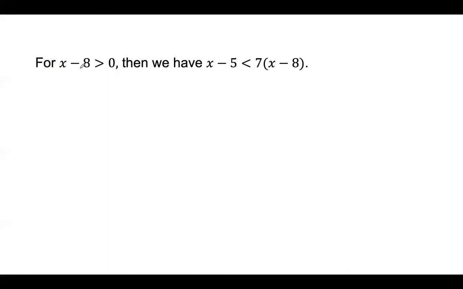So for case number 1, we have when x minus 8 is greater than 0, so that's x is greater than 8. And then we can solve this. The inequality sign does not change, so that's great. So x minus 5 is less than, using the distribution property, 7x minus 56.